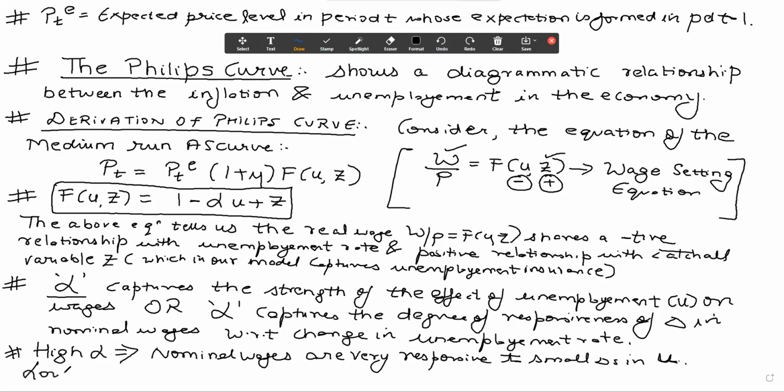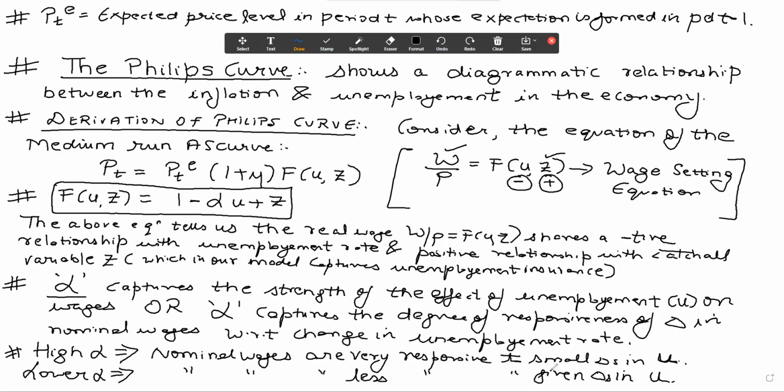But lower alpha would imply that nominal wages are less responsive to given changes in the unemployment rate. So if alpha is high, small changes in the unemployment rate will lead to large changes in nominal wages. And if alpha is of a smaller magnitude, a given change in the unemployment rate will lead to small changes in nominal wages.